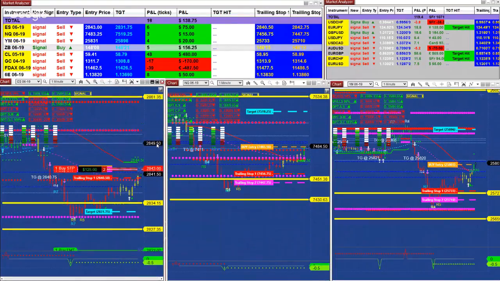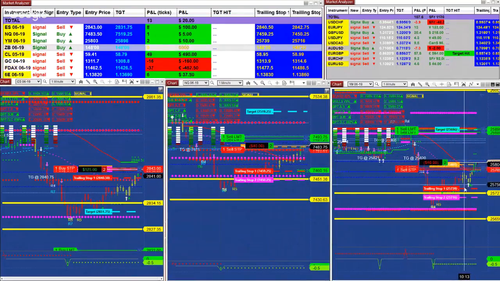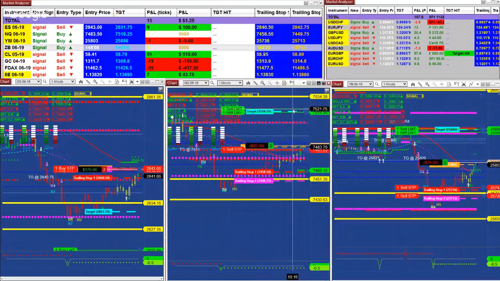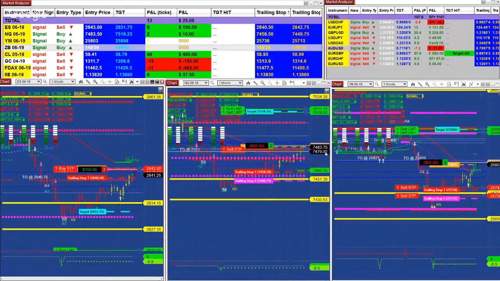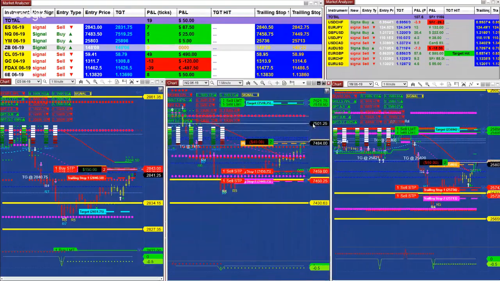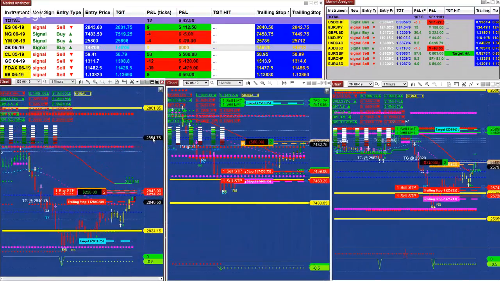Just a second, please. The ES does not have a buy signal yet.